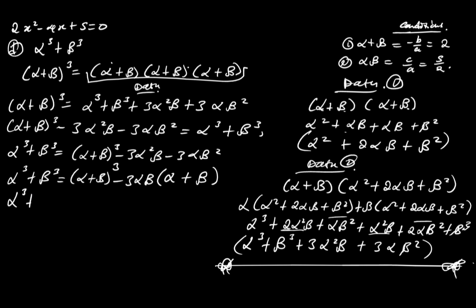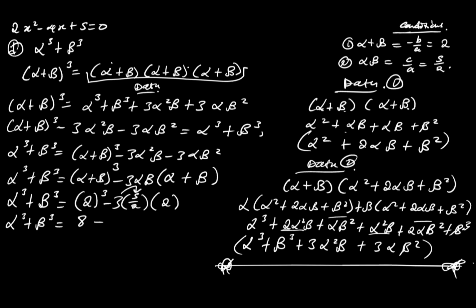Alpha cubed plus beta cubed is equal to alpha plus beta, which is 2 cubed, minus 3 alpha beta, which is 5 over 2, then times alpha plus beta, which is 2. So alpha cubed plus beta cubed is equal to 2 to the power 3, which is 2 times 2 times 2, which is 8. Then minus 3, remember the scalar only affects the numerator, so it's going to be minus 15 over 2.